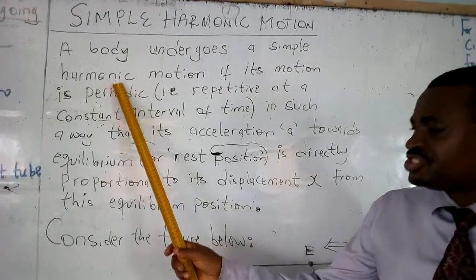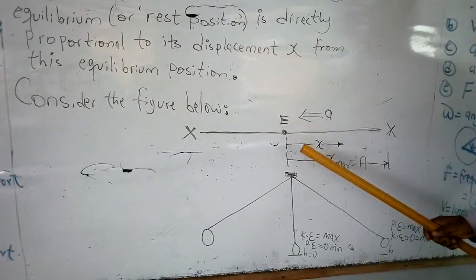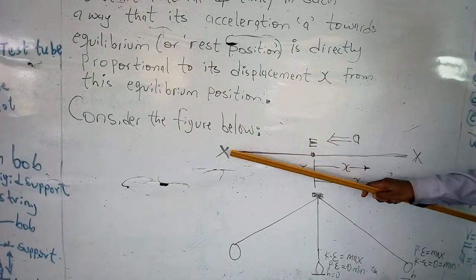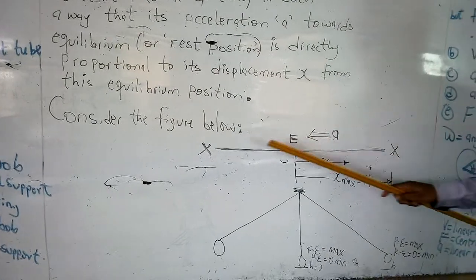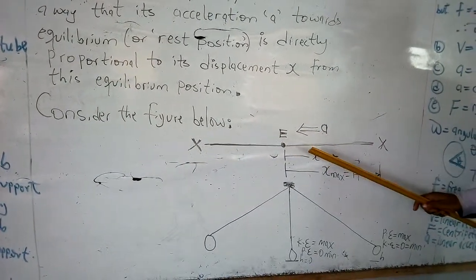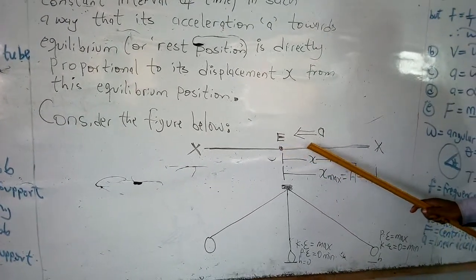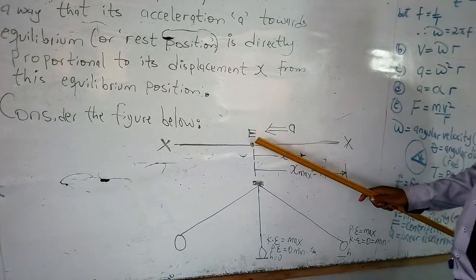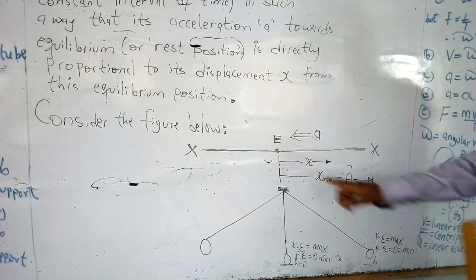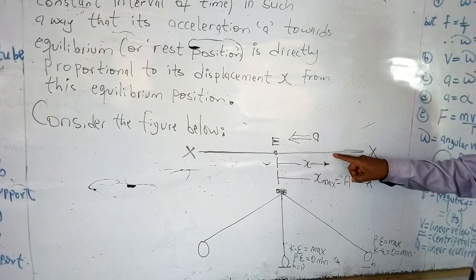Now, this definition is to be explained in this diagram. Let us imagine a particle located at point E on this horizontal line. The horizontal line represents the displacement vector. Anytime this body is shifted from this rest position, called the equilibrium position, to one side, it will be displaced to a particular displacement x.